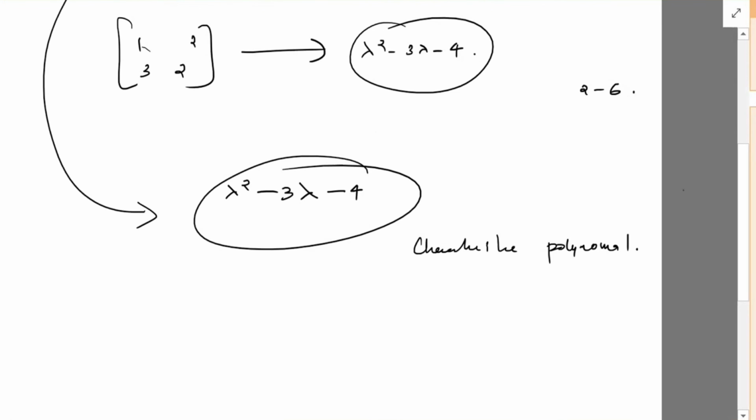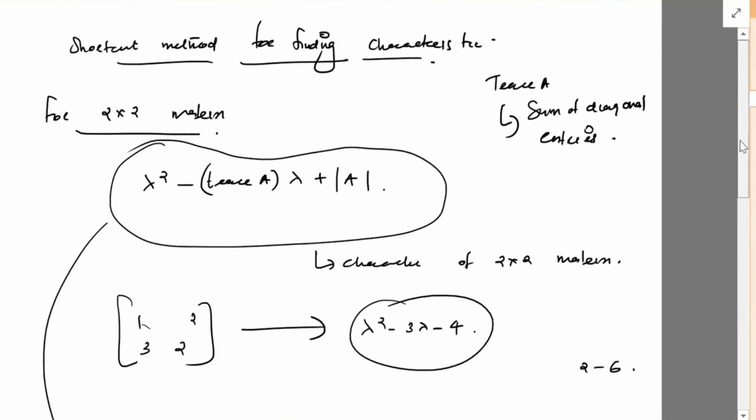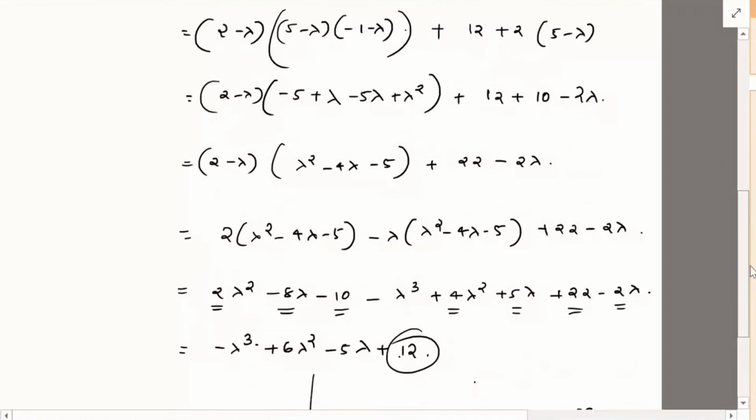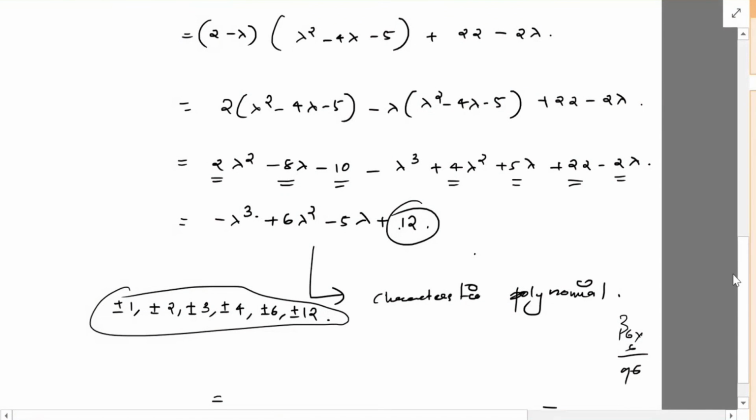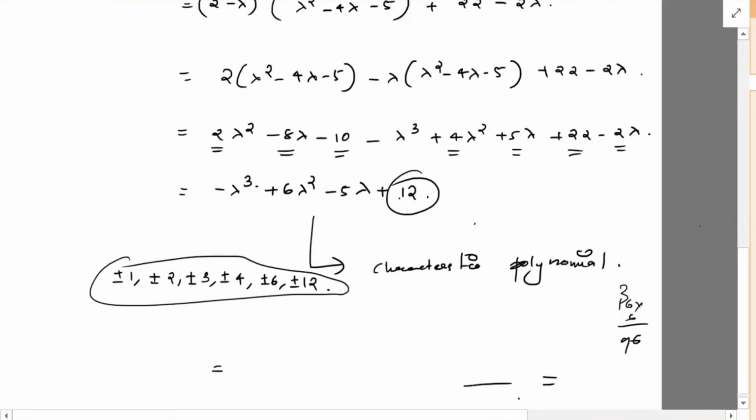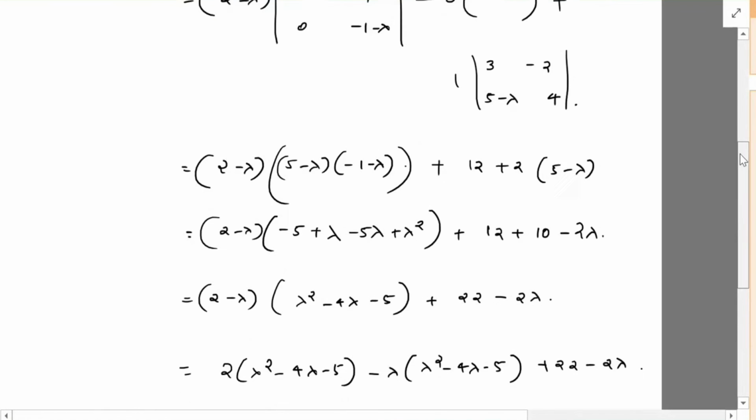Actually, what we have got there is plus 5 lambda. Yeah, that was a mistake. It was supposed to be plus 5 lambda. Somewhere I made a mistake.